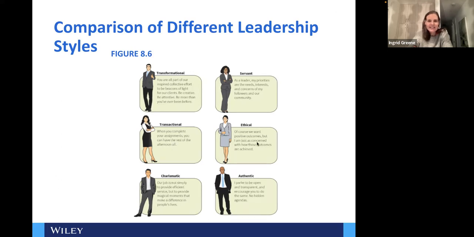Ethical: as I said, I'm most concerned about how these outcomes are achieved. Charismatic: we're here to provide magical moments that make a difference in people's lives, right? Very Tony Robbins or Max Strom. And authentic: I prefer to be open and transparent and encourage you to do the same. No hidden agendas.